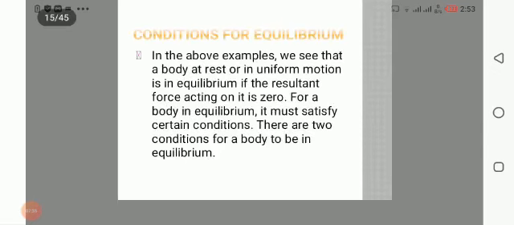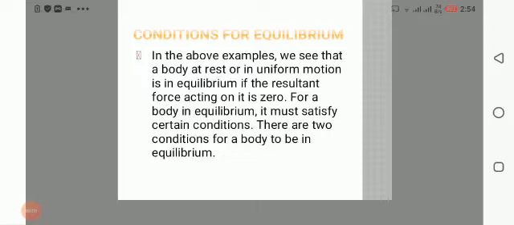Conditions for equilibrium. In the above examples, we see that a body at rest or in uniform motion is in equilibrium if the resultant force acting on it is zero. For a body in equilibrium, it must satisfy certain conditions.